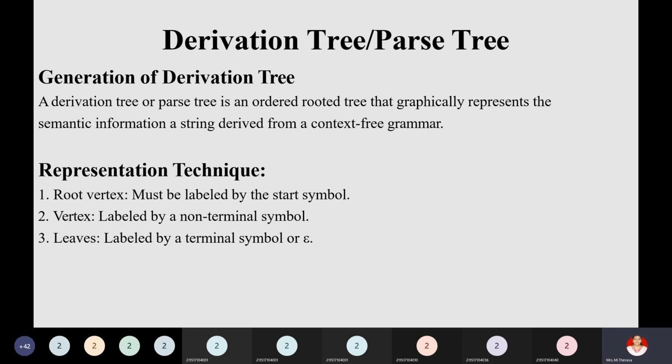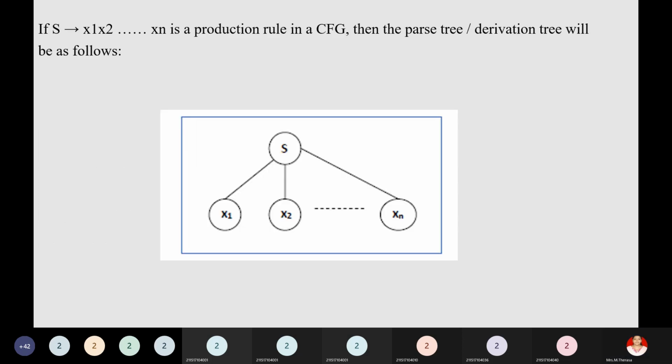Always the root node should be labeled with the start symbol, and the vertices are labeled as non-terminal symbols, and the leaf nodes must be labeled with the terminal symbols or sometimes epsilon also. And we have seen an example for the derivation tree. Suppose if you have a production rule S tends to x1, x2 and so on xn, then S becomes the root and all other x1, x2 are the leaf nodes from the root S.